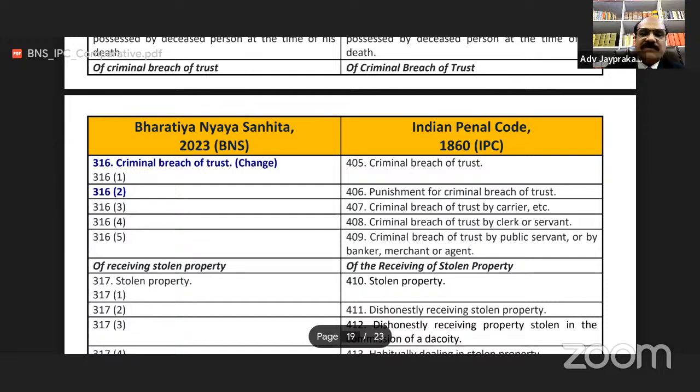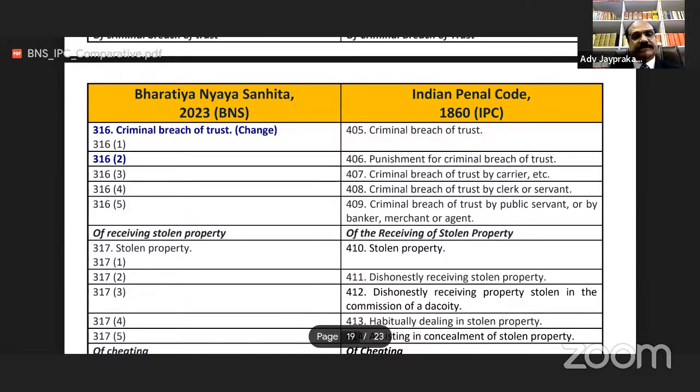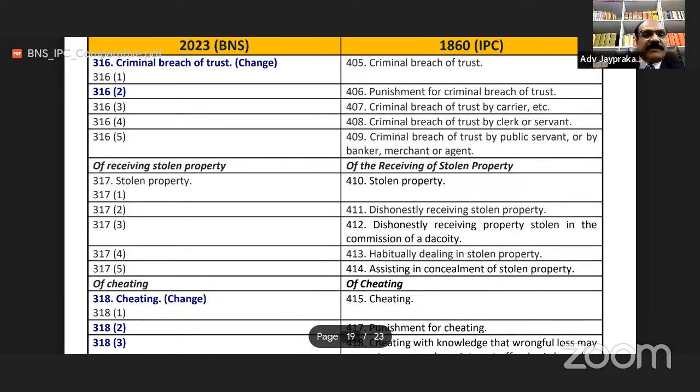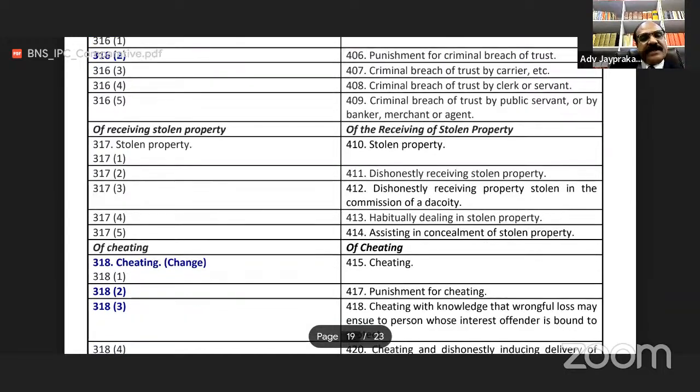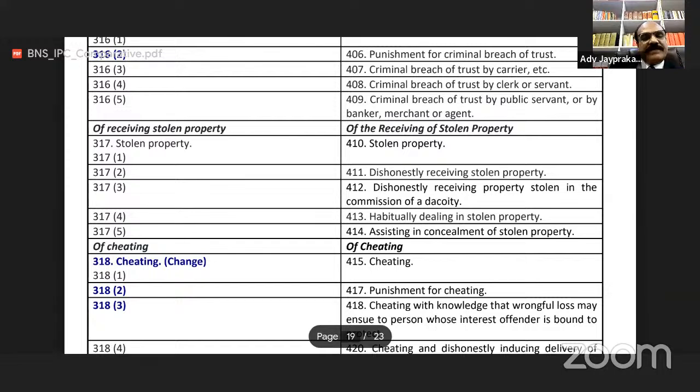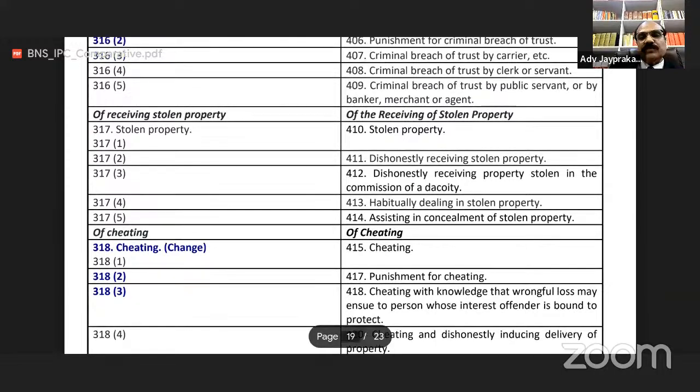Of receiving stolen property: BNS section 317, stolen property. Its earlier section was IPC 410. BNS section 317(2), dishonestly receiving stolen property. Its earlier section was IPC 411.